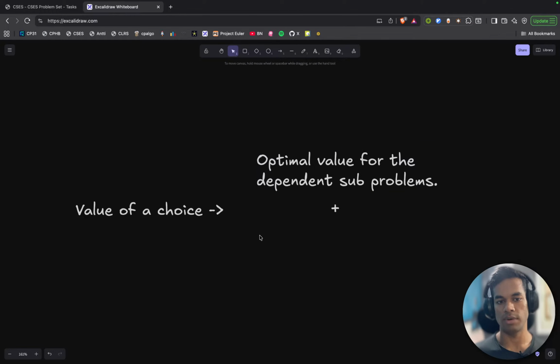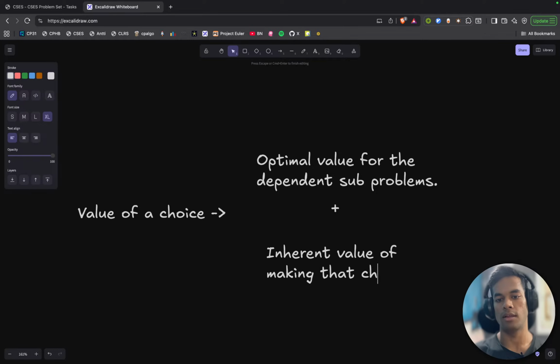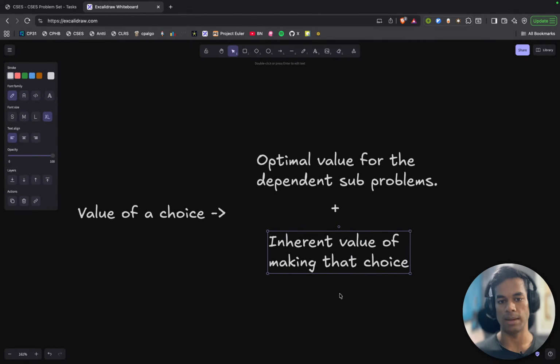But generally speaking, the value of a choice depends on the optimal value returned to you by the subproblems plus the inherent value of making that choice. That is the second thing that the value of the choice depends on.